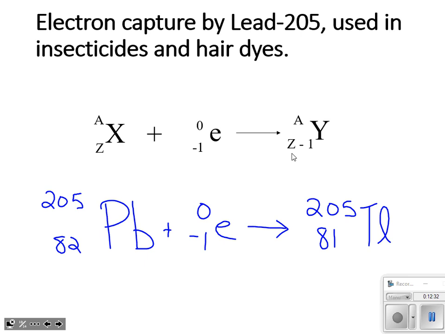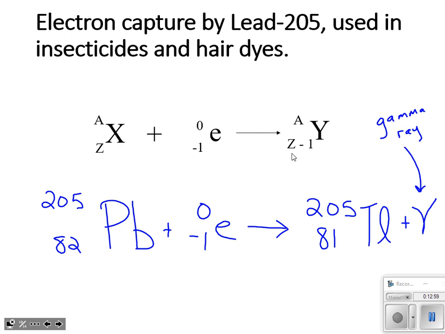Now, one thing that you might see with this particular one, you might see another plus, and then something like this. That right there is a gamma ray. So, also given off could be gamma rays.